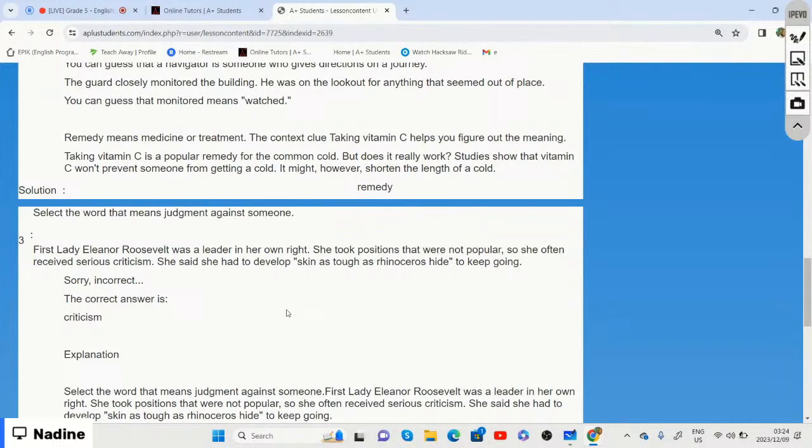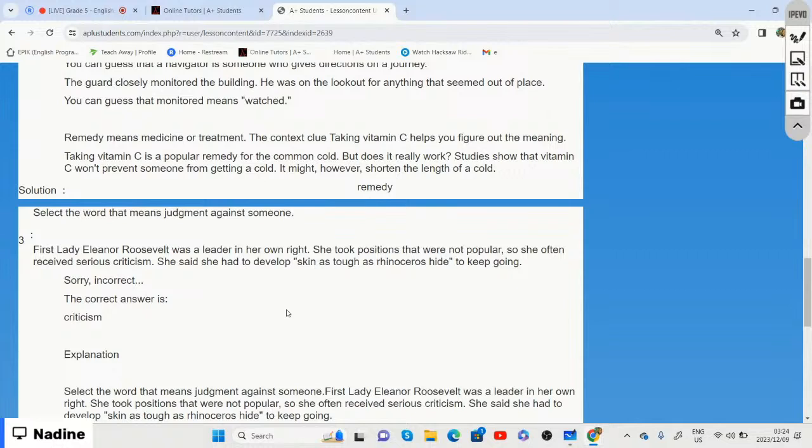So now we need to select the word that means judgment against someone. First Lady Eleanor Roosevelt was a leader in her own right. She took positions that were not popular, so she often received serious criticism.